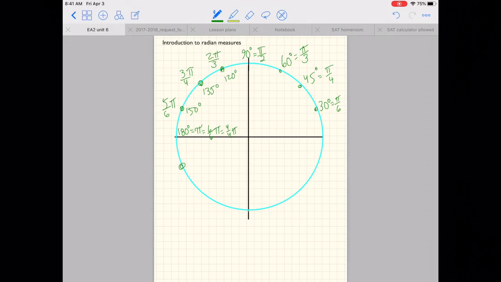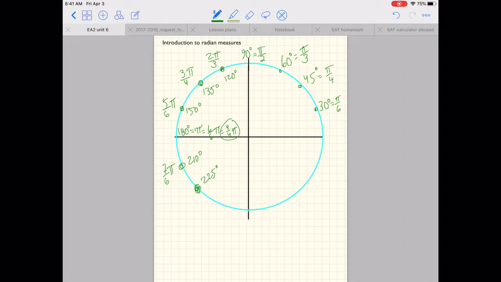If I wanted to do 30 away from 180, 30 is pi over 6. 180 is 6/6, so I should know this would be 7 over 6. If I wanted to do 45 away, which, I'm sorry, the 30 away was 210. 45 away, 45 is pi over 4.